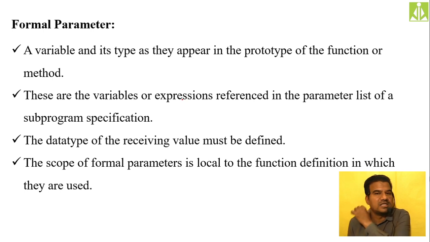The second one is the formal parameters, and they come inside the function prototype and function definition. Where exactly will these formal parameters come? Inside the function definition. When you are receiving the actual parameters inside formal parameters, the data type of the receiving parameter must be defined.